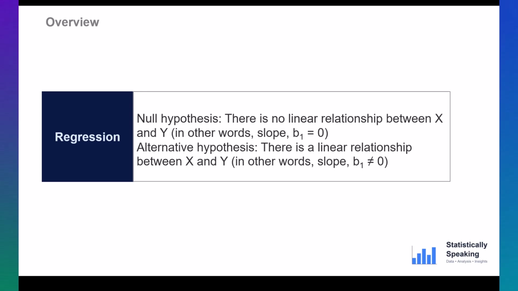Let's quickly look at the null hypothesis and the alternative hypothesis for regression. The null hypothesis is that there is no linear relationship between x and y. In other words, the slope, or b1, is equal to 0. The alternative, of course, is that there is a linear relationship, which means that the slope is not equal to 0.